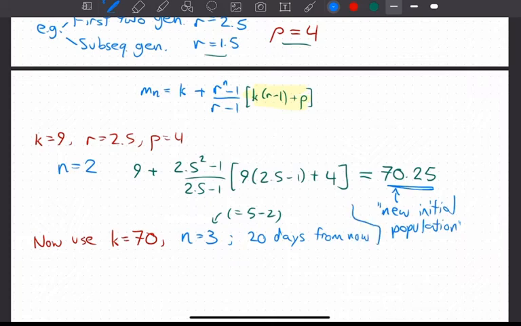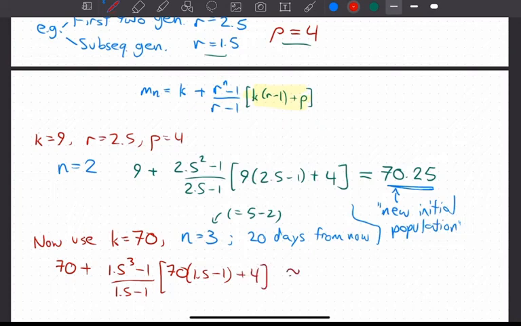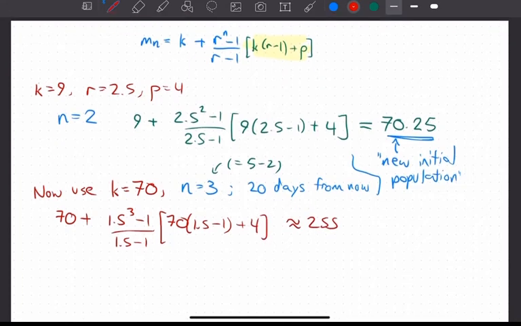Okay, so 70 is our initial population, that's our K up here, and then we have 1.5 to the 3 minus 1 over 1.5 minus 1 times 70 times 1.5 minus 1 plus 4, and that's around 255. Okay, and so that was n is 3.